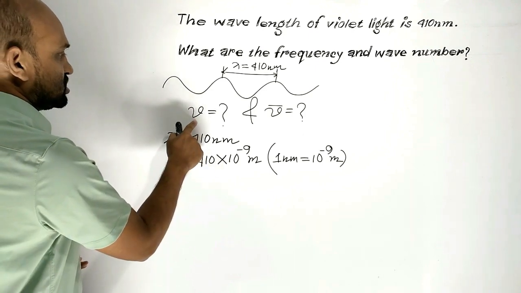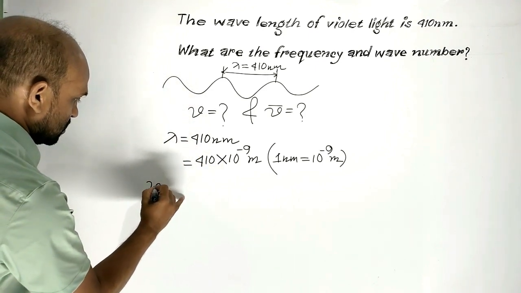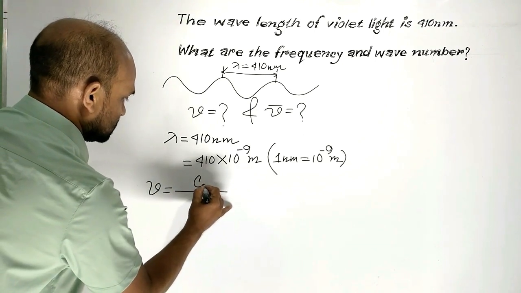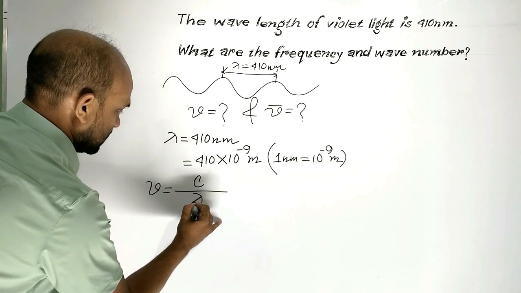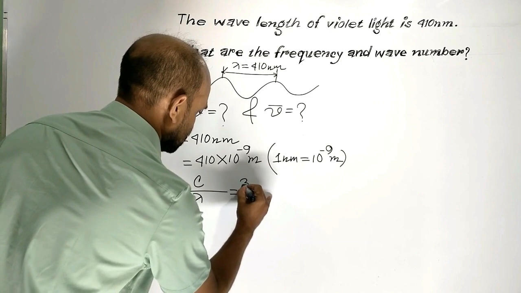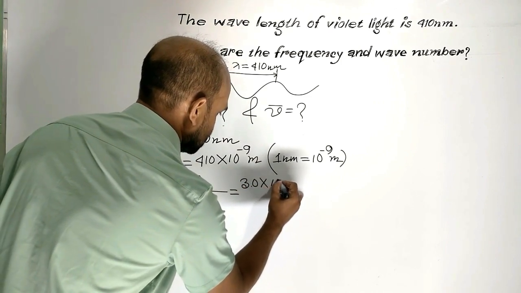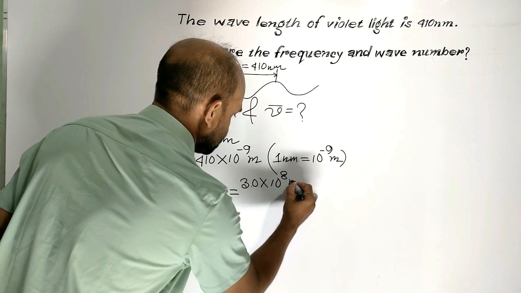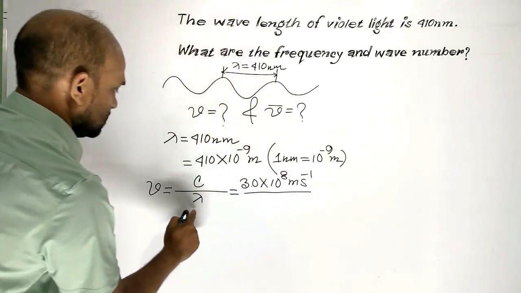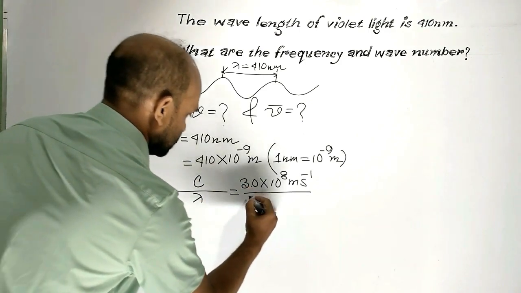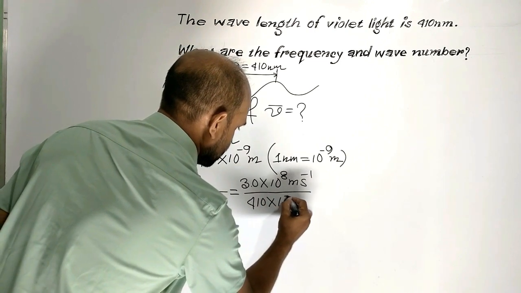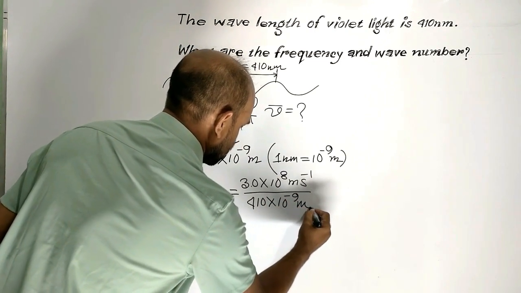Now, what is frequency? We know frequency is equal to velocity of light divided by wavelength. Here, velocity of light 3.0 times 10 to the power 8 meter per second divided by wavelength, this value 410 times 10 to the power minus 9 meter.